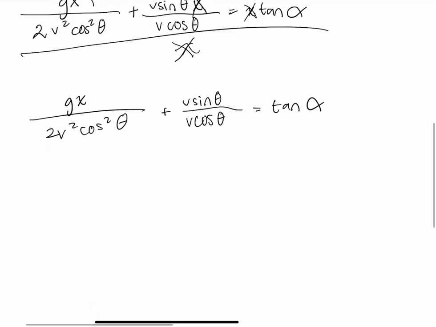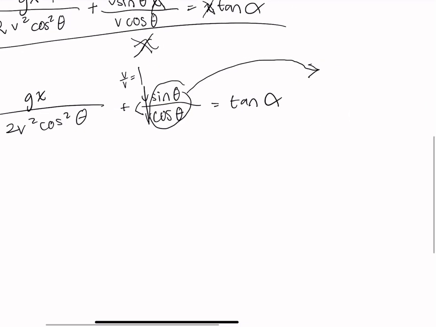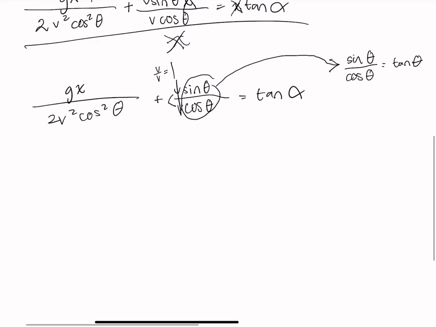Now you'll see from here that these v's actually cancel each other out because v over v equals 1. So we can just get rid of it. You see this function here, it's a trig function. Sine of an angle over cosine of the same angle, we can simplify to just tangent of that angle. So we can change this to tangent theta.